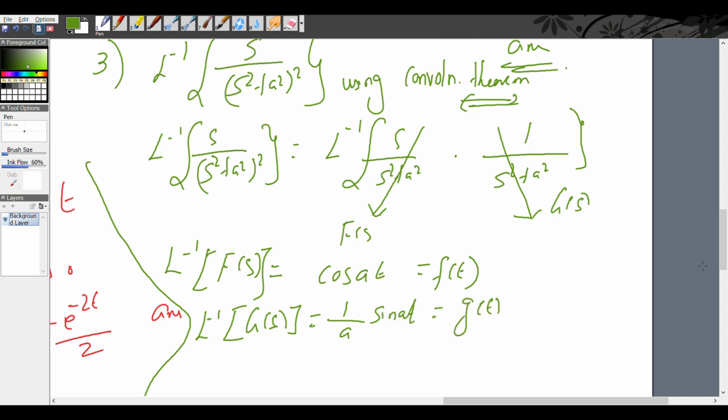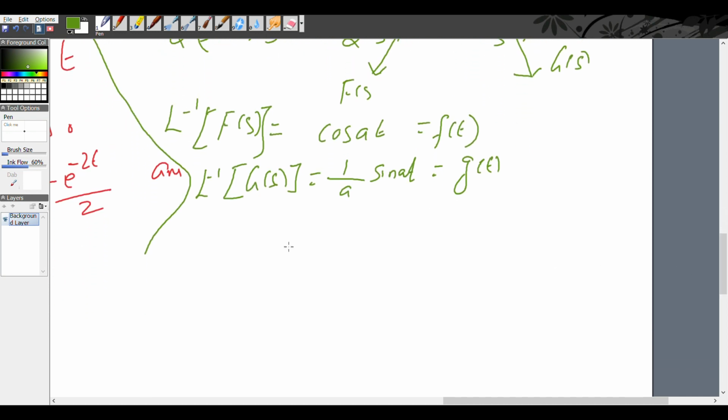Now what they are asking is to use the convolution theorem to find the product of f of t into g of t. So let us try to do that.